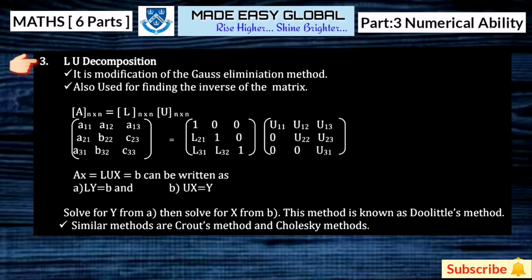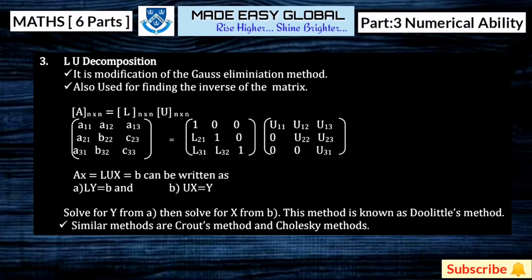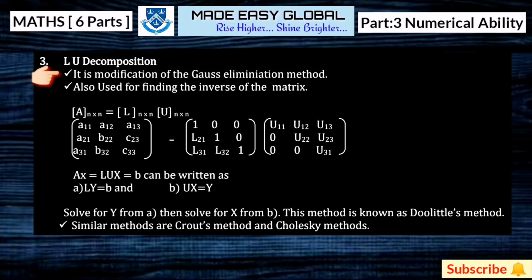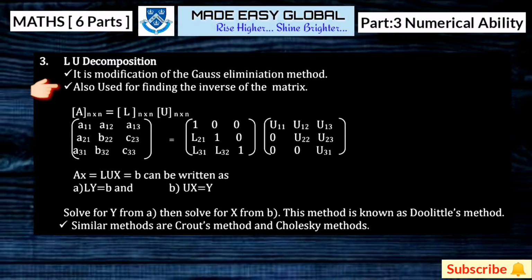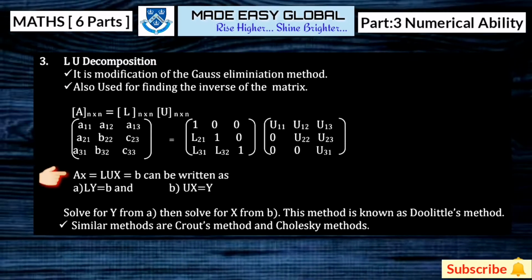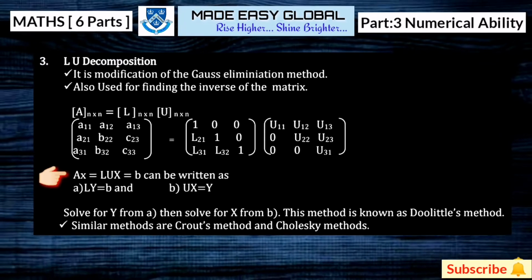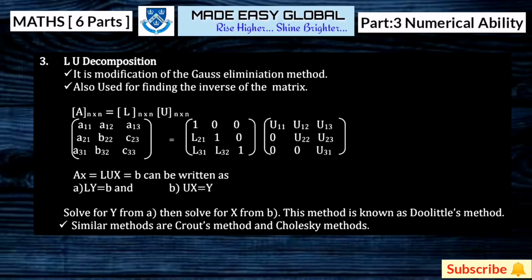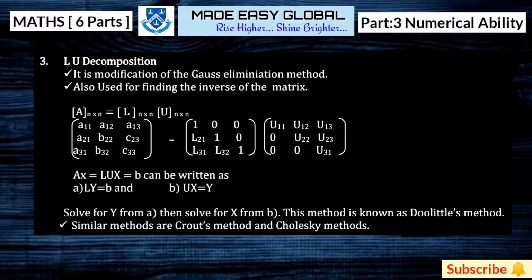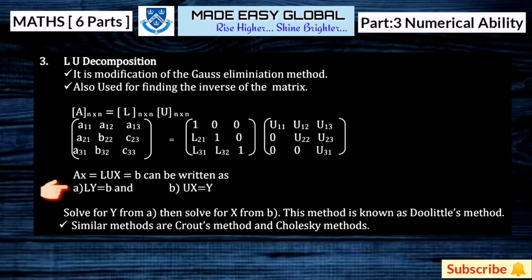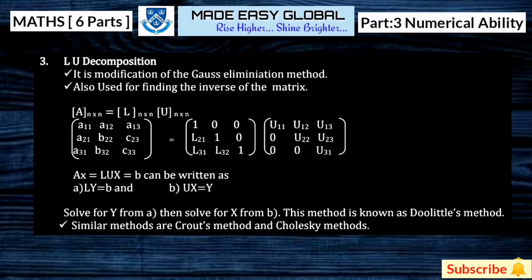Then after, the next method is the LU decomposition method. Here it is a modification of the Gauss elimination method, and it is also used for finding the inverse of the matrix. Then Ax = LUx = b can be written as, first one is Ly = b and Ux = y.